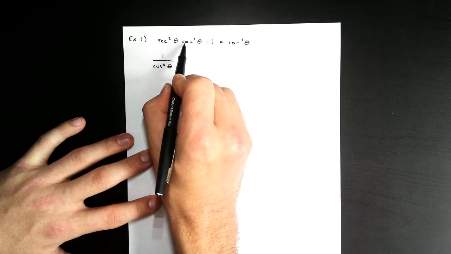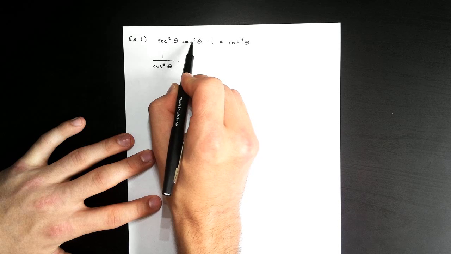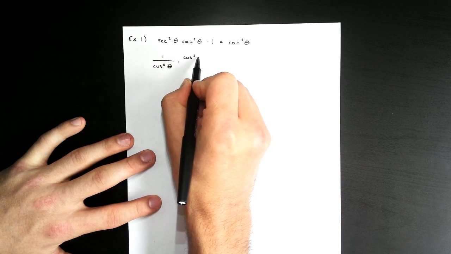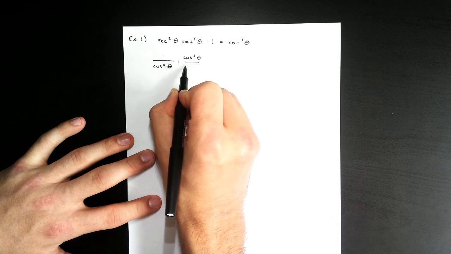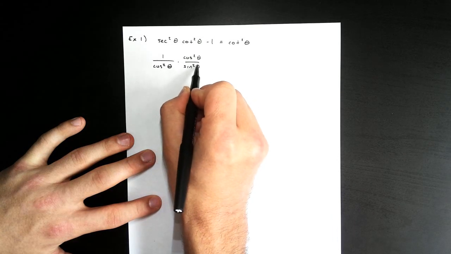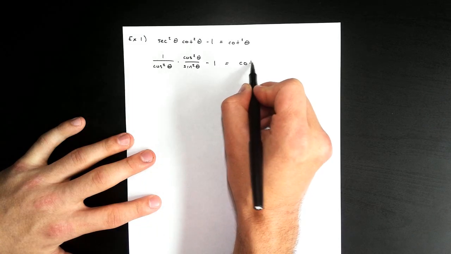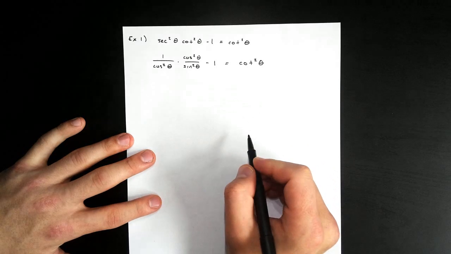And then the cotangent squared is the same as cosine squared divided by sine squared of theta. Still have that minus 1. And as I said, the second side is just staying the same.